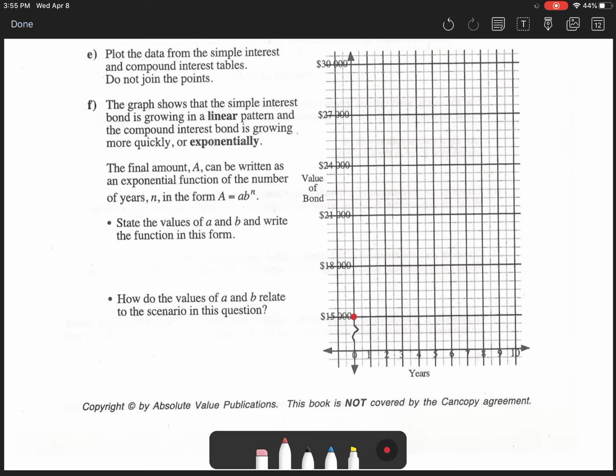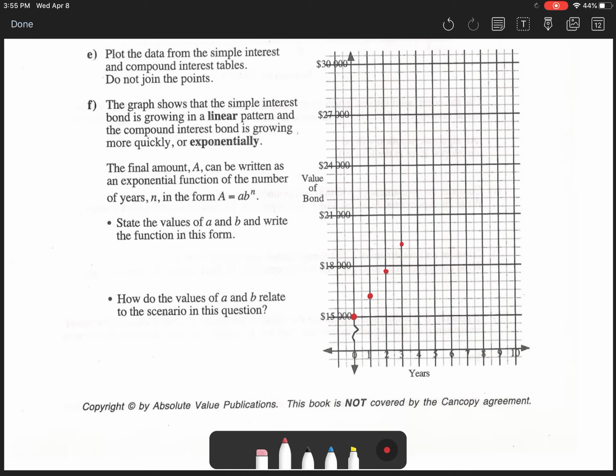So year 1, 16,350. When I do that, 1 right about there. And then year 2, 17,750. So we're both there. Year 3, 19,000.